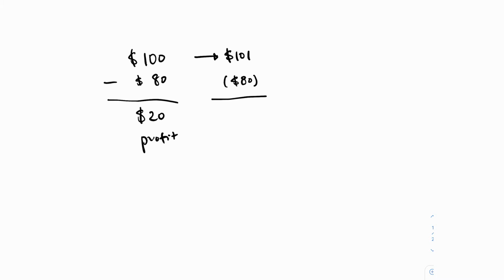If the company can increase the price without having any impact on its demand, with a 1% price increase, what we are going to see is simply $101. Now, the cost stays the same, and 101 minus 80 becomes 21. So the company's profit went from $20 to $21. That's about a 5% increase in profit.